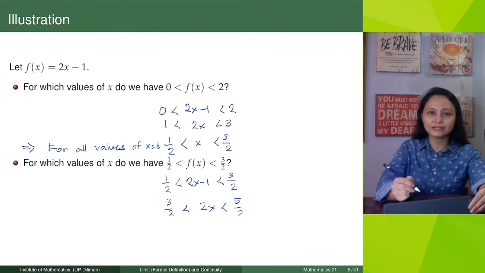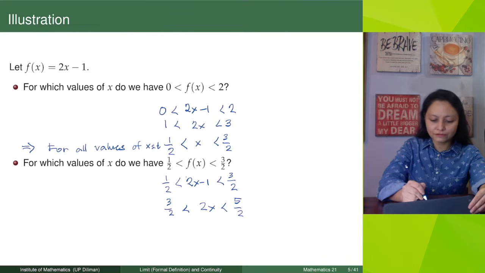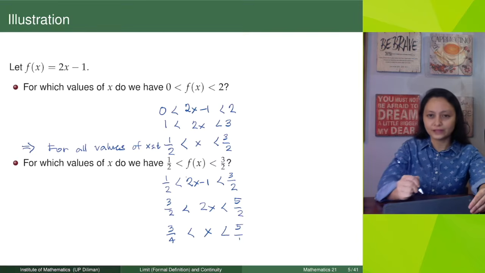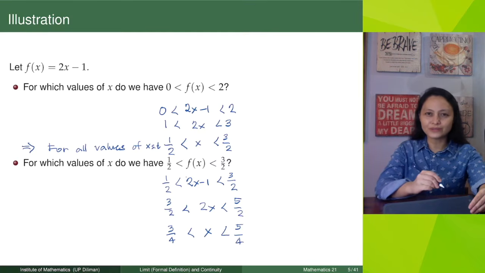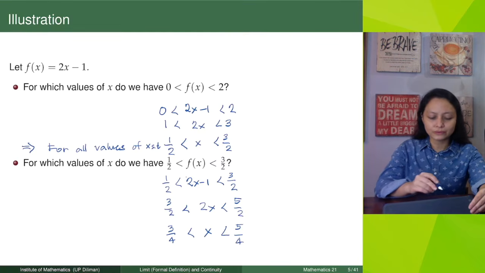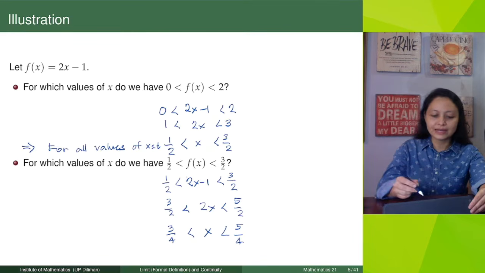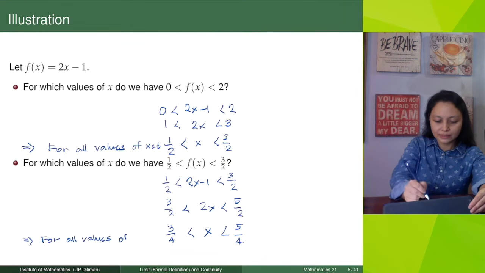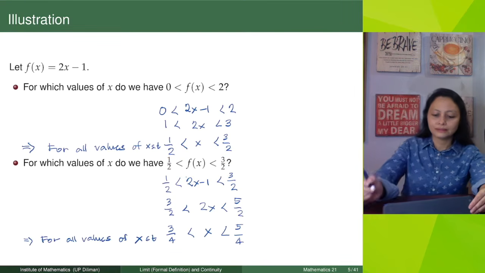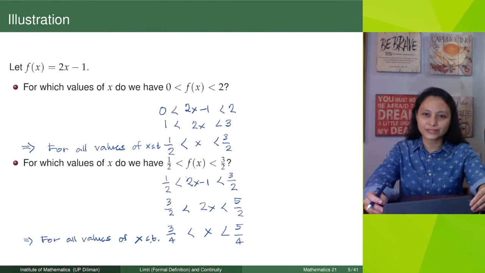Again, dividing everything by 2, we have 3/4 less than x less than 5 over 4. Do you remember now how to solve inequalities? So to answer the question, we say that this inequality is satisfied for all x such that x is greater than 3/4 and less than 5 over 4.